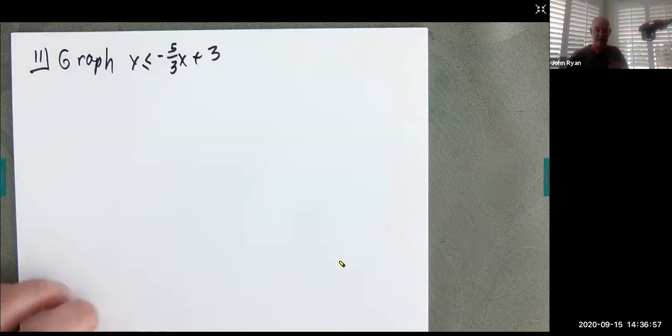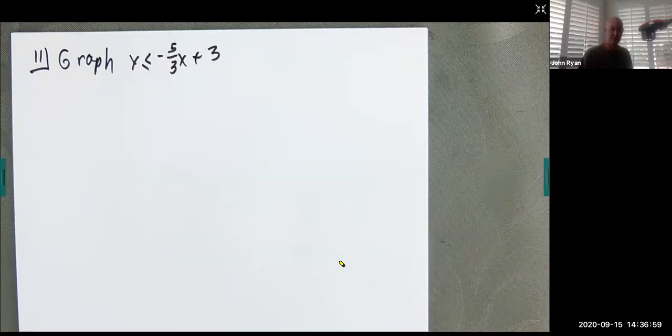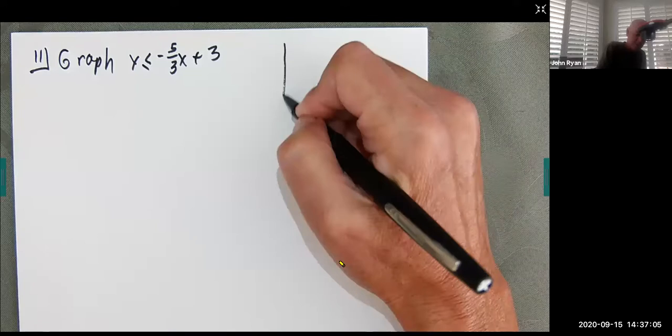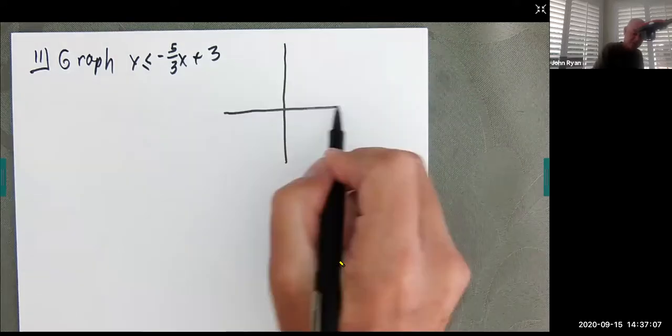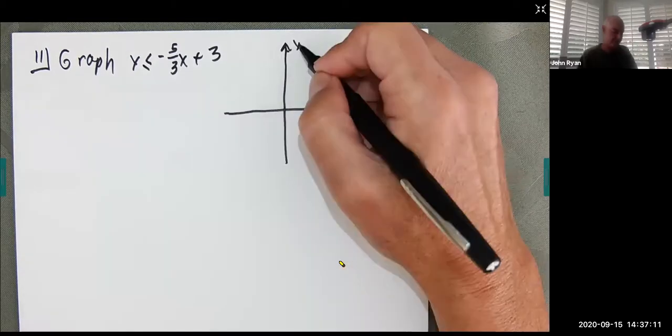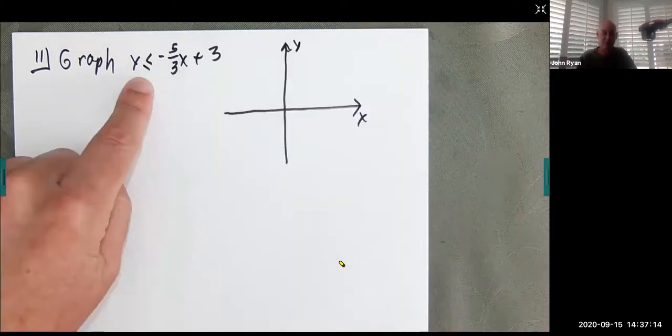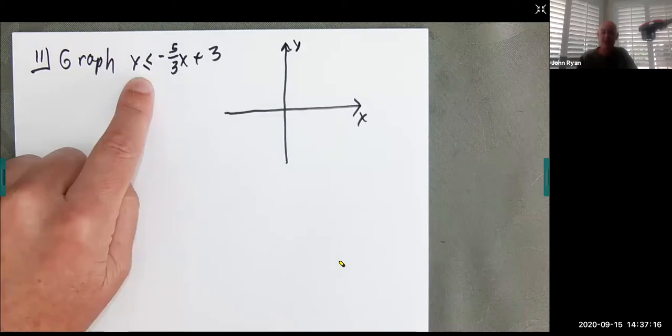Now, I gave you 3 steps to follow when you got to these. First thing is put it in the slope-intercept form, which it already is. Next step is to graph it and decide if it needs to be dotted or solid. Now, because I have the equal symbol there, that's going to be a solid line.